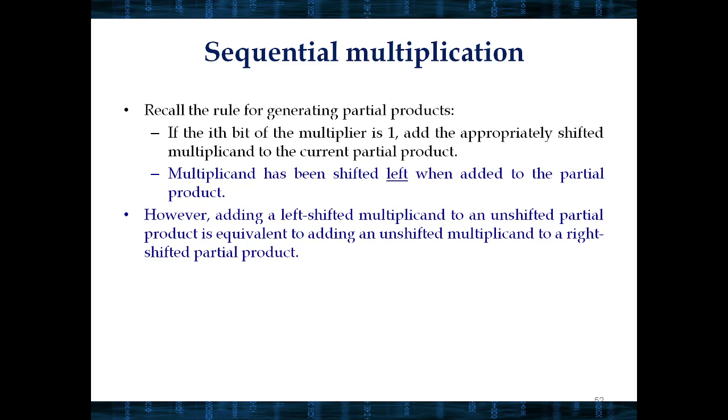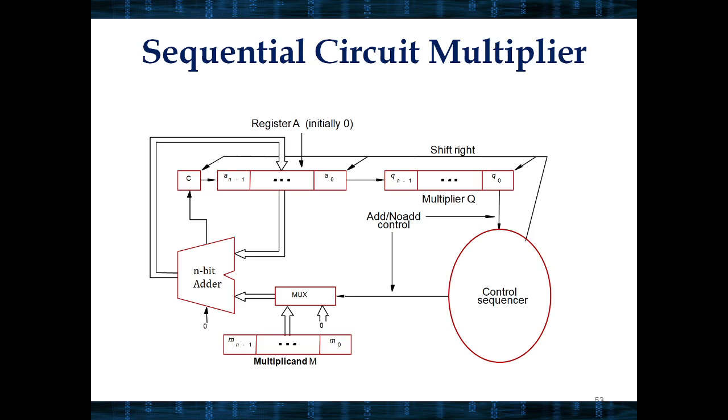The multiplicand has been shifted left when added to the partial product. However, adding a left shifted multiplicand to an unshifted partial product is equivalent to adding an unshifted multiplicand to a right shifted partial product.